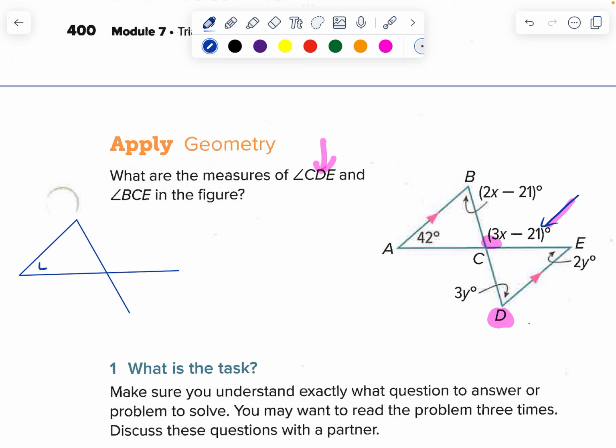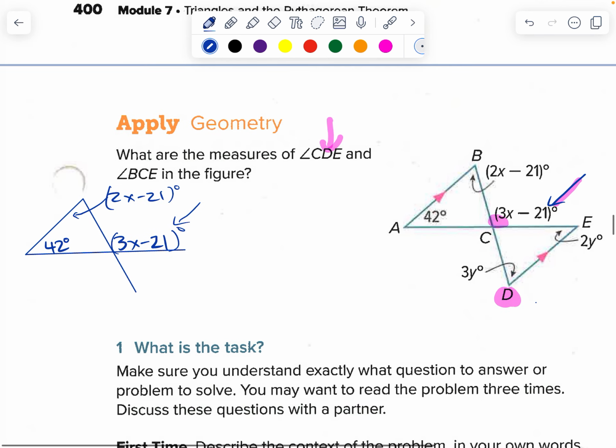Okay. So this is 42 degrees. This is 3x minus 21 degrees. And this is 2x minus 21 degrees. This is an exterior angle. So 3x minus 21 equals, these are two remote interior angles, 2x minus 21 plus 42.